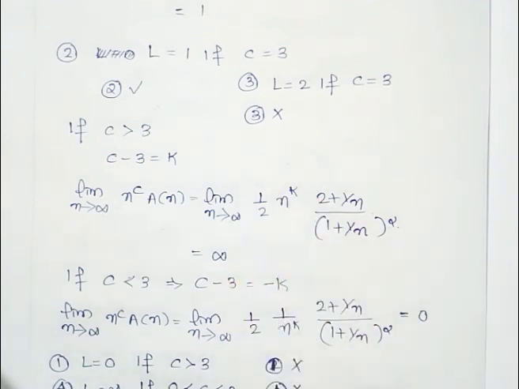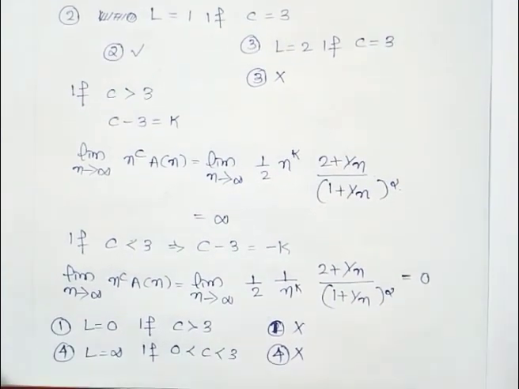Now if C is less than 3, that implies C minus 3 is a negative quantity, so it will become some minus K. So the limit as n tends to infinity of n power C a of n is equal to the limit as n tends to infinity of 1 by 2 into n power minus K, that is n power C minus 3, where C minus 3 is equal to some minus K. So n power minus K will become 1 by n power K into (2 plus 1 by n) divided by (1 plus 1 by n) all square.